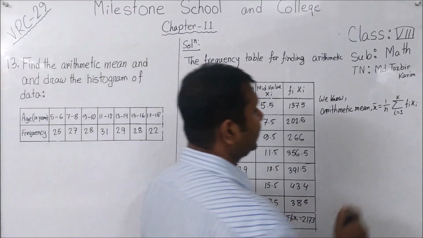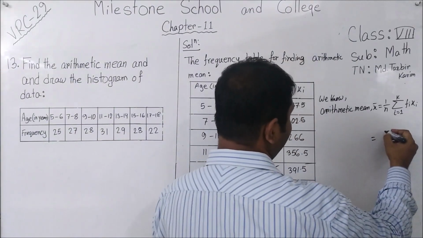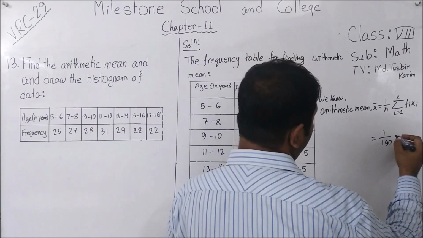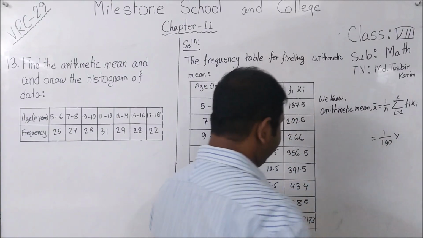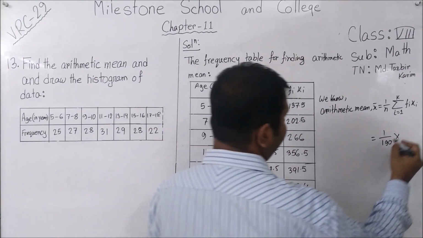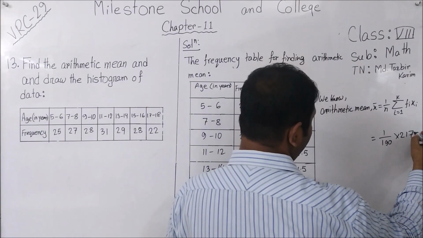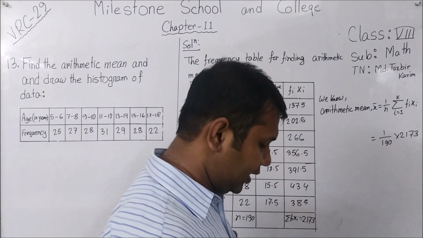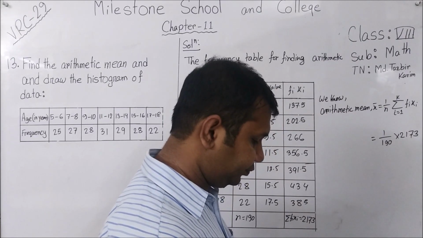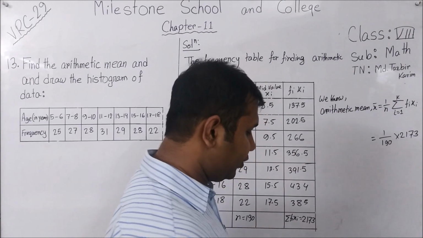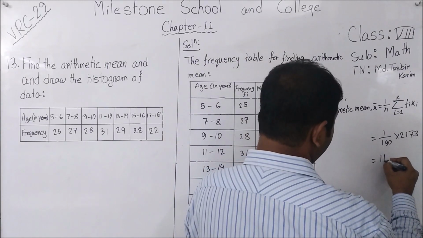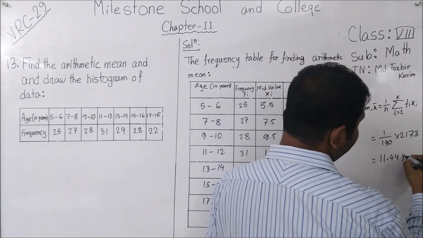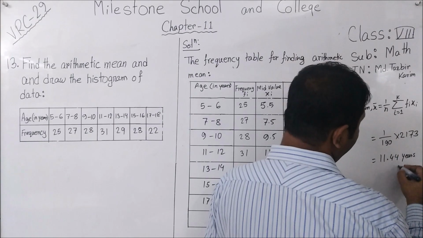Okay. So now we can put n equal to 190. That's the value of n equal to 190, and the summation of fi xi, that is 2173. Okay. Now if you just use the calculator, you are going to get 11.4 years approx.